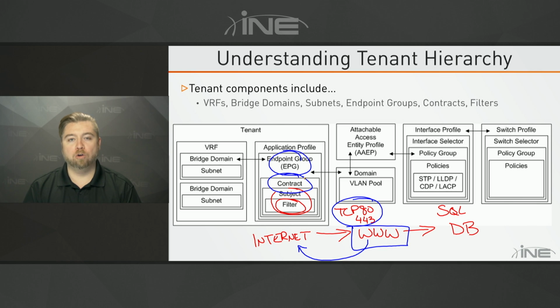So it's not actually programmed into hardware. Basically, the SVI is not programmed into hardware until we deploy the endpoint group in the domain, which is called from the attachable access entity profile, which is calling the switch profile, calling the interface profile, calling the interface selector, which ultimately means that port on that particular leaf.